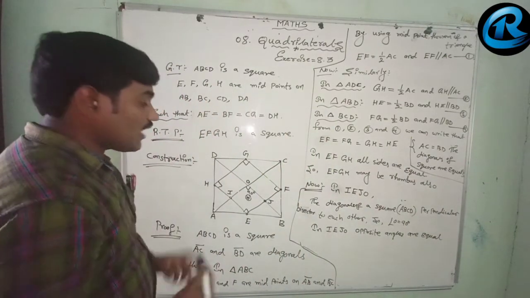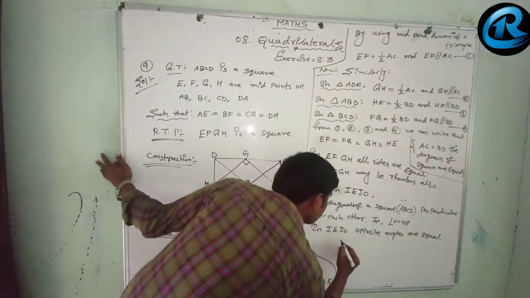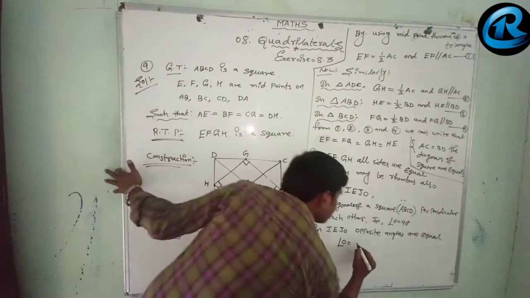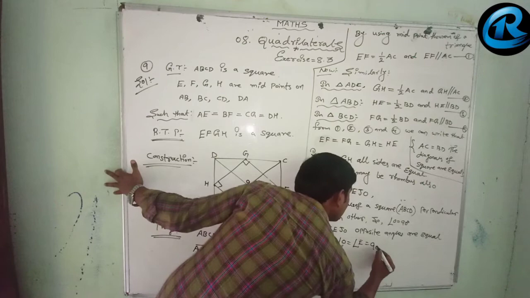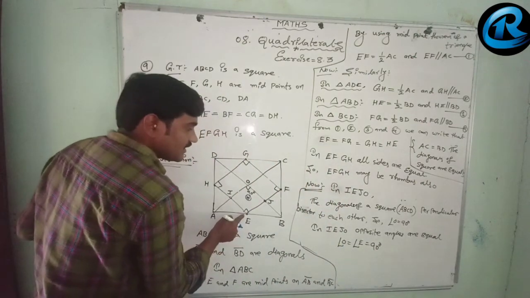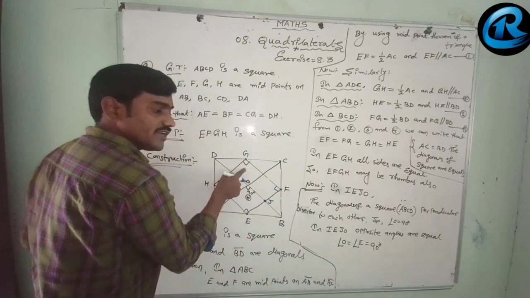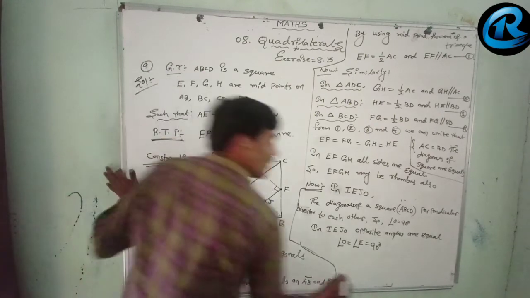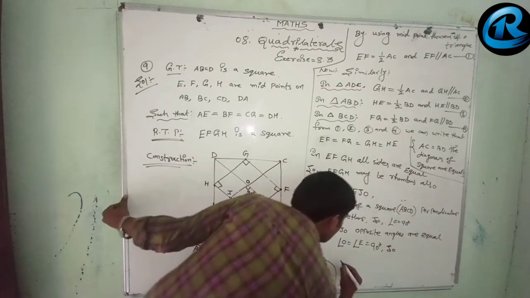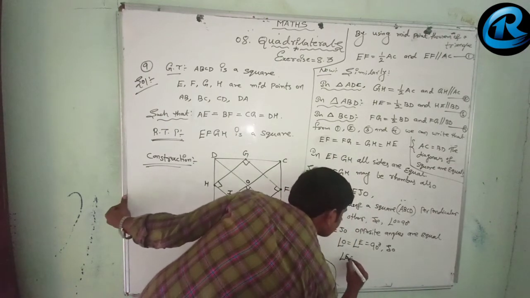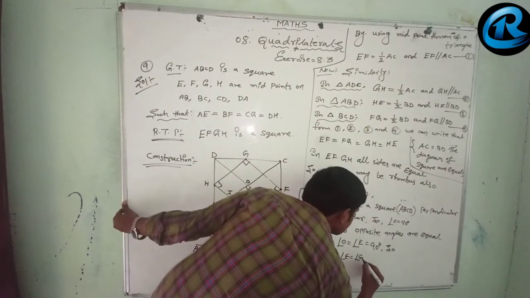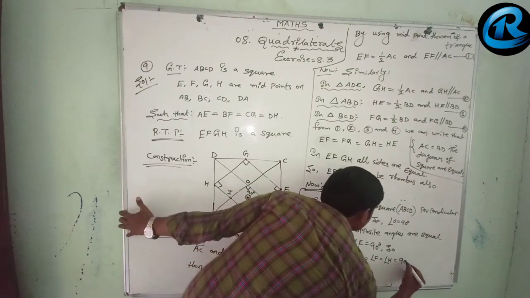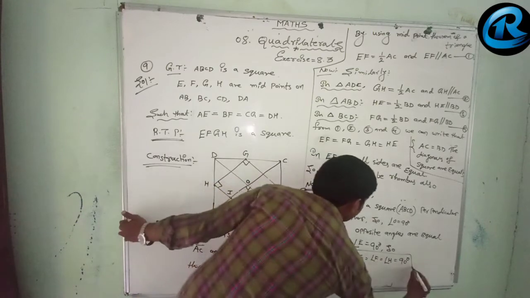Opposite angles equal means angle O equal to angle E, that equal to 90 degrees. If angle E is 90 degrees, then angle G also will be 90 degrees. Then these two will also be equal to 90 degrees. So angle E equal to angle G is equal to angle F equal to angle H equal to 90 degrees.